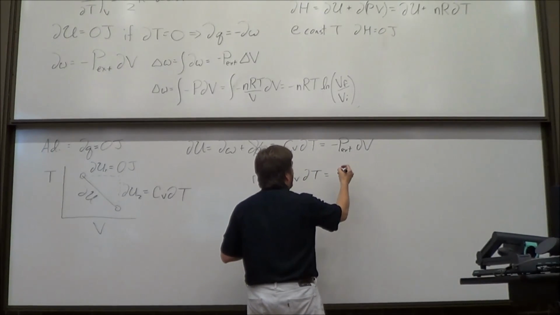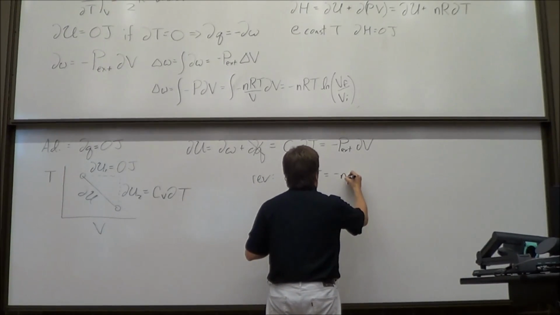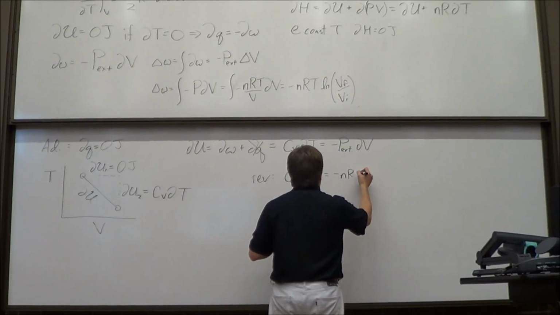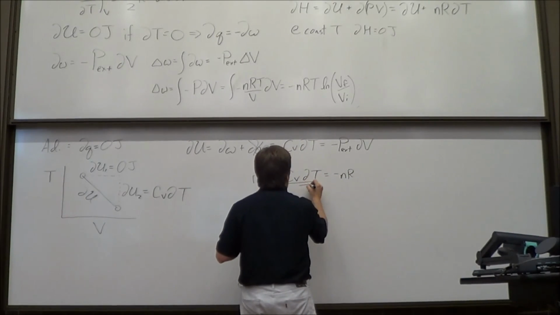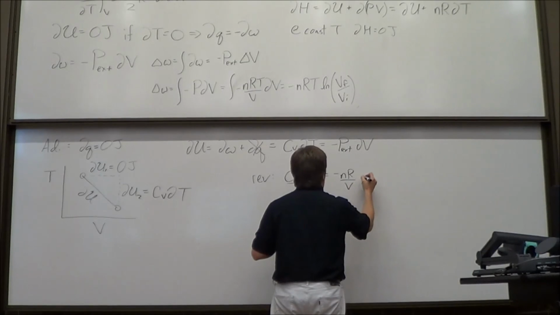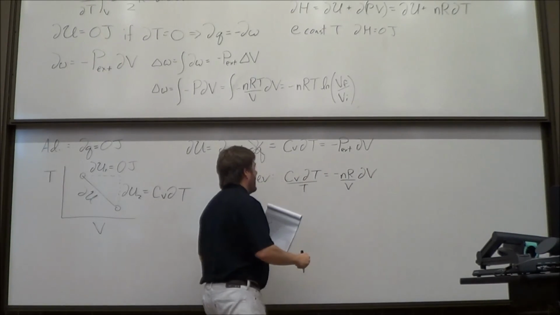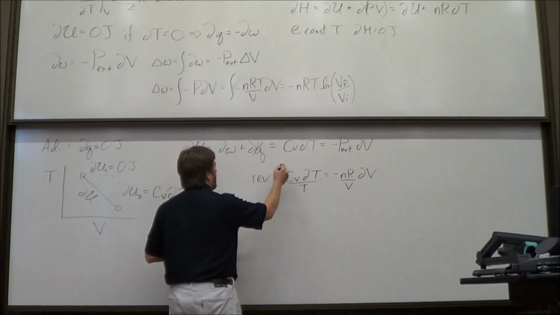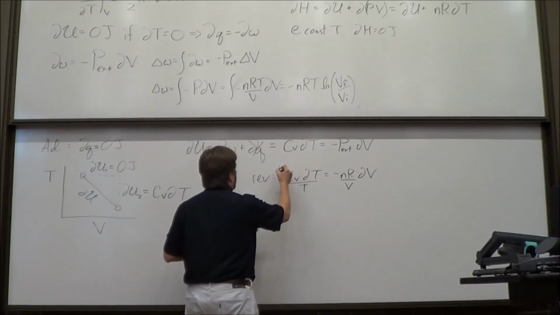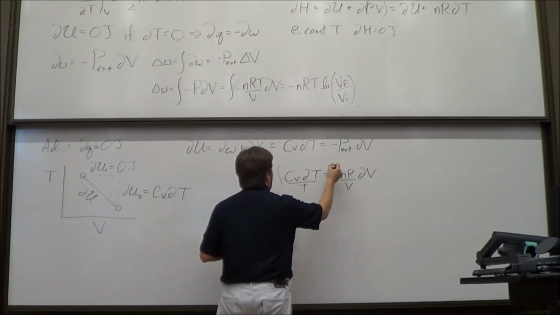Again, I'm going to put in the interior pressure, nRT over V. I'm going to bring the T over here, and bring the V here. Then of course I need to integrate both of them because, don't forget, I'm trying to get that final temperature.